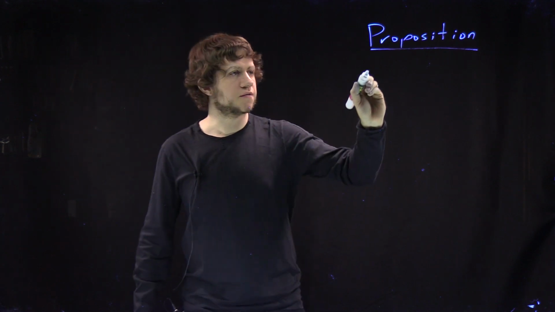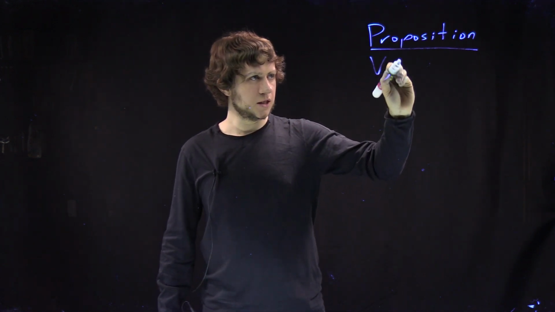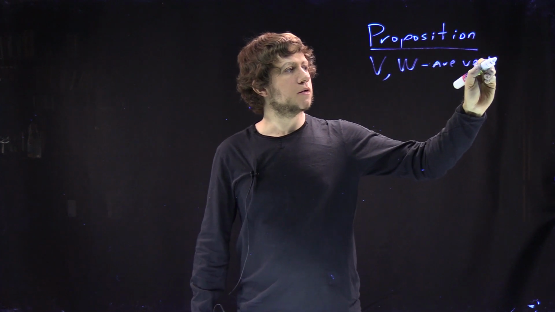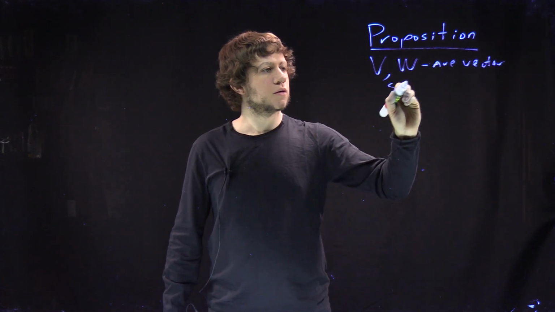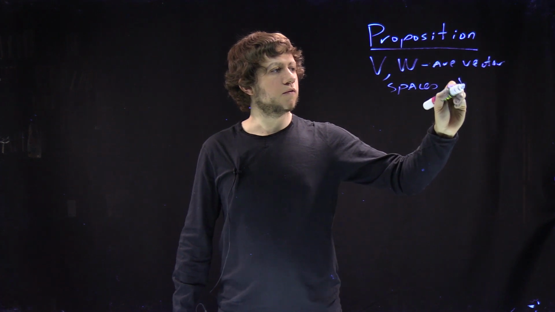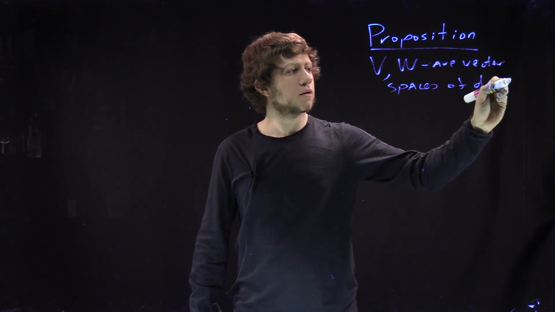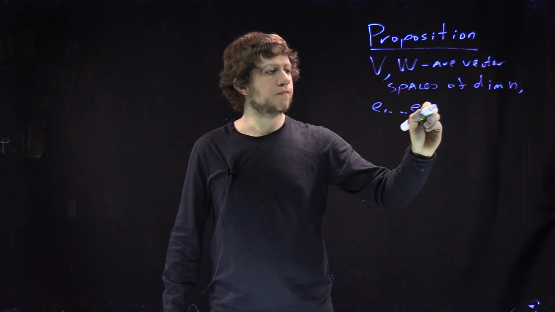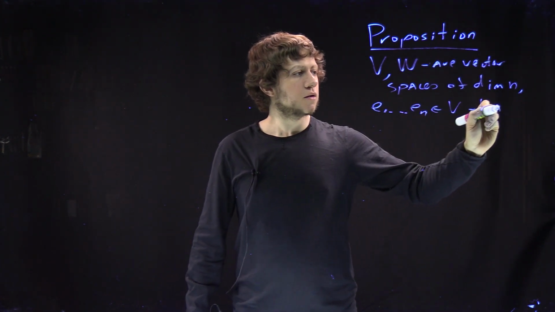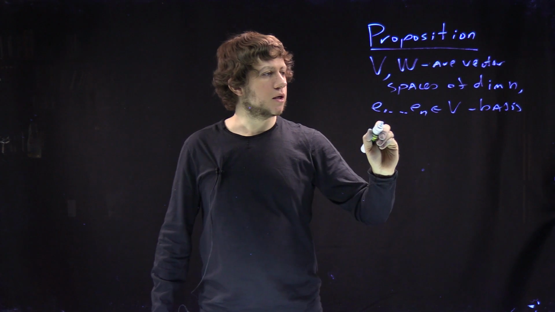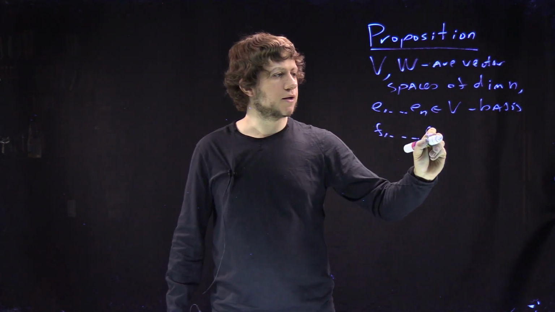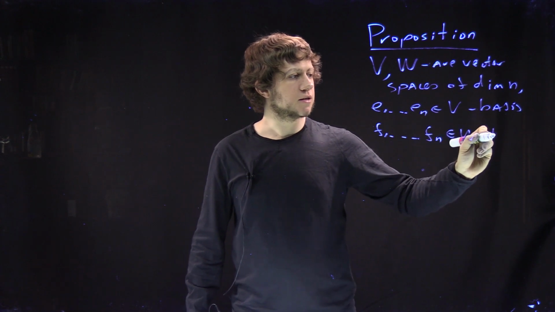So let's suppose that V and W are vector spaces of dimension n, and E1 up to En in V is a basis, and F1 up to Fn in W is a basis.